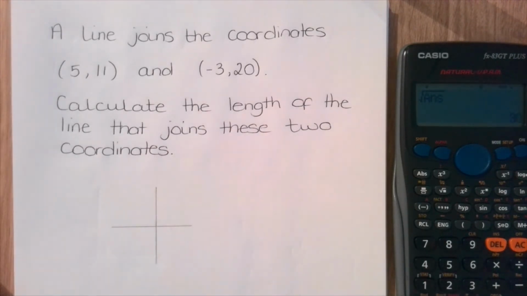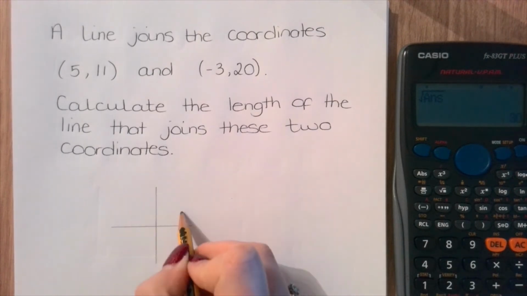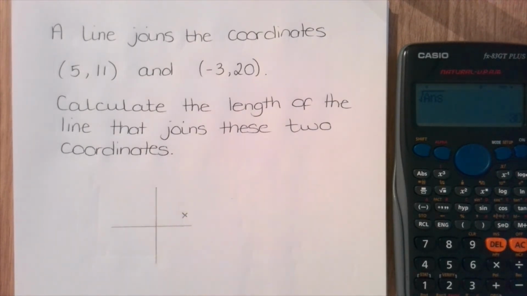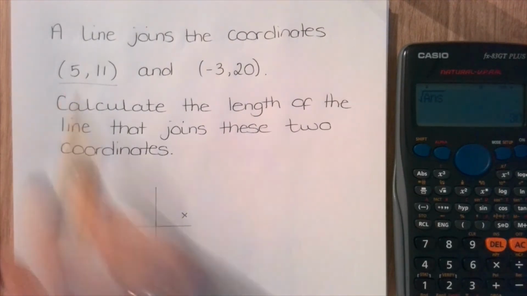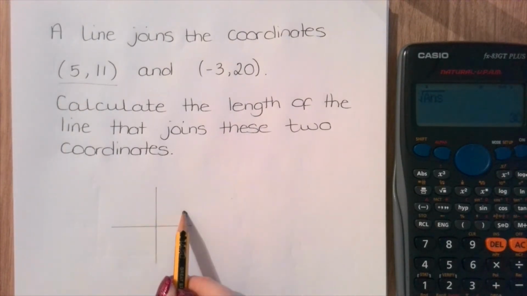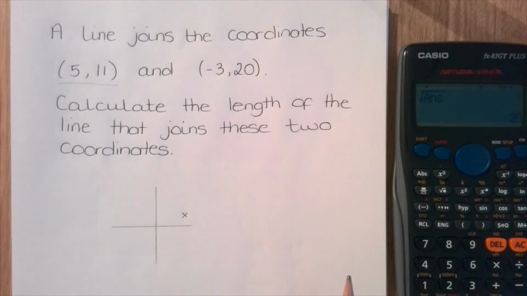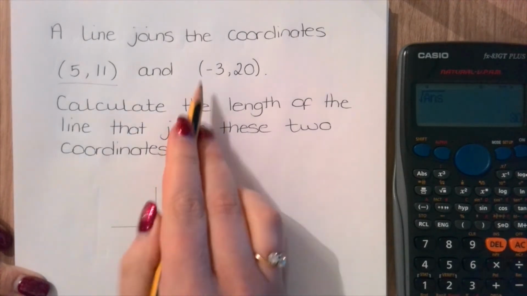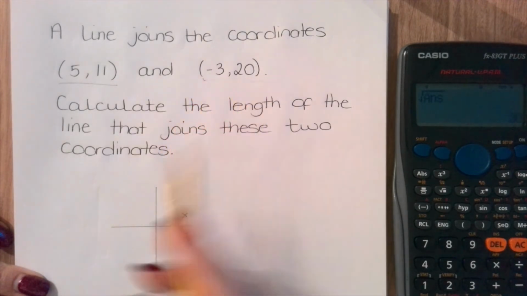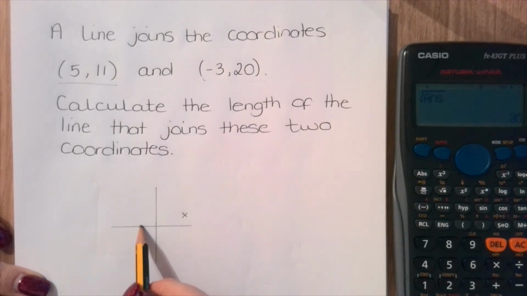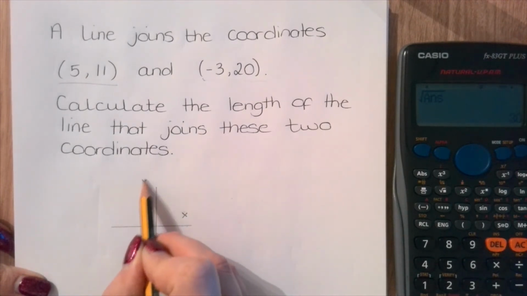So I have got 5, 11, doesn't have to be to scale, just to give us an idea. That's going to be that coordinate. 5 to the right and 11 up, definitely not to scale, but it doesn't matter really. And then the next coordinate, minus 3, 20, is going to be minus 3 and then 20.